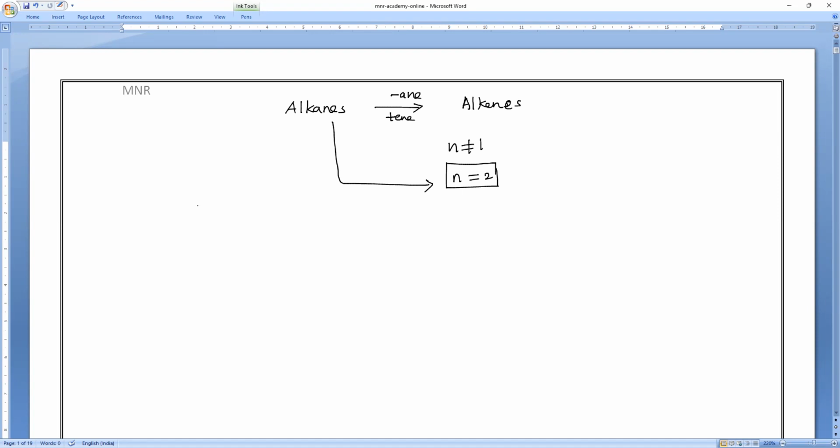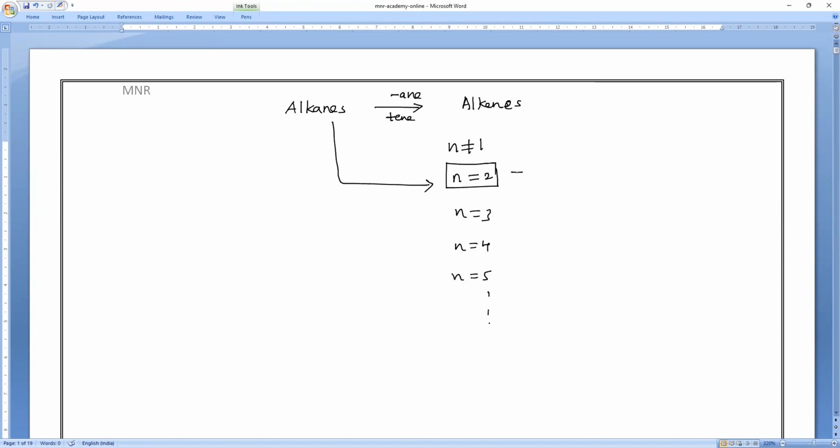So next, n is equal to 2, n is equal to 3, n is equal to 4, n is equal to 5, and so on.